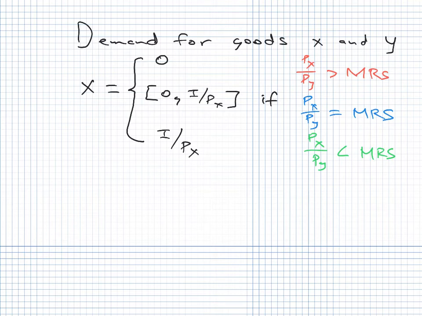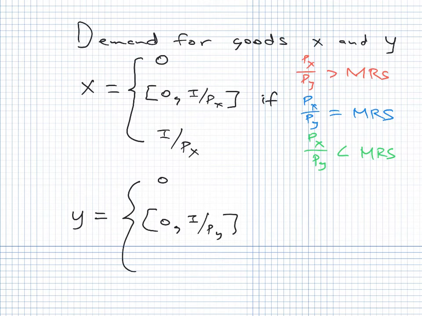So if we turn our attention to writing down the demand for good Y, again, it's going to be piecewise. The one thing you want to be careful about here, you want to be very careful to match up the cases. So the consumer is going to spend all of her money on good Y when we were in case 1. That's when Px over Py is greater than the marginal rate of substitution.